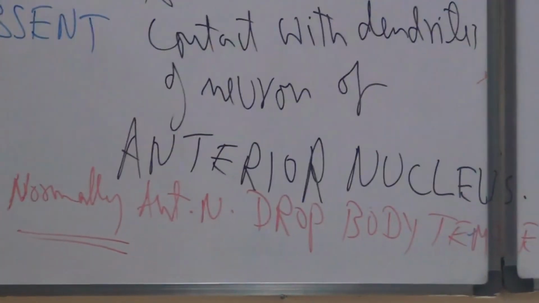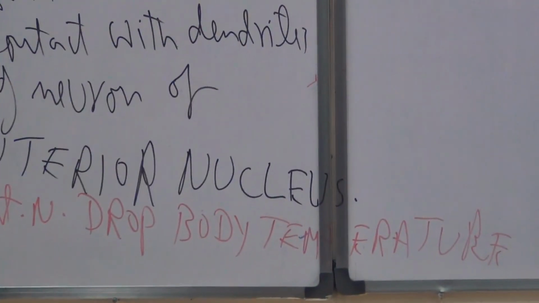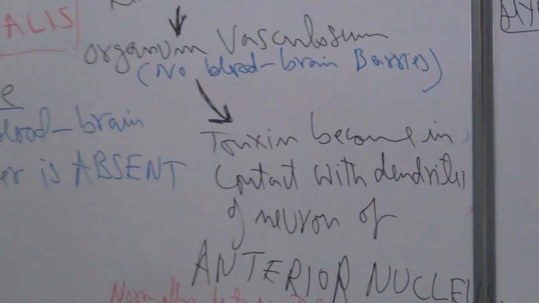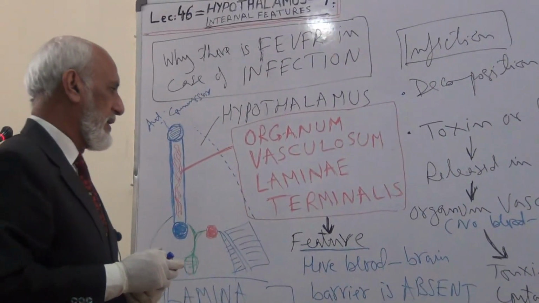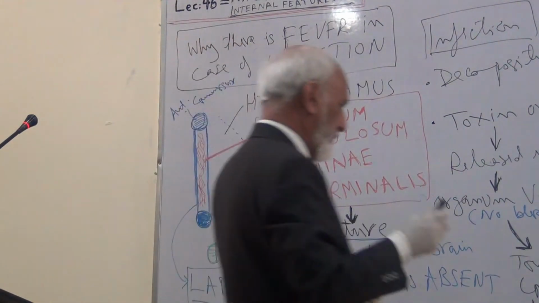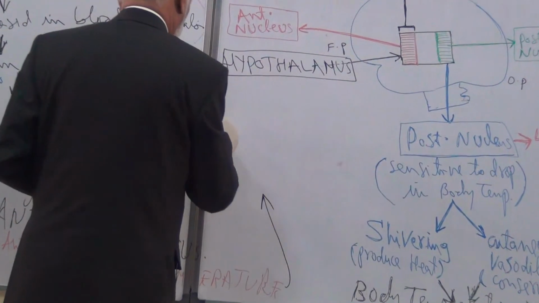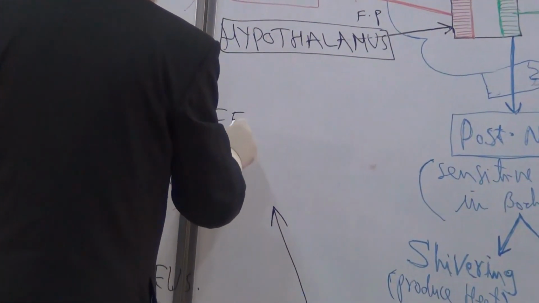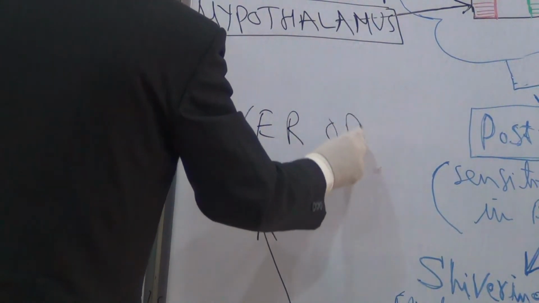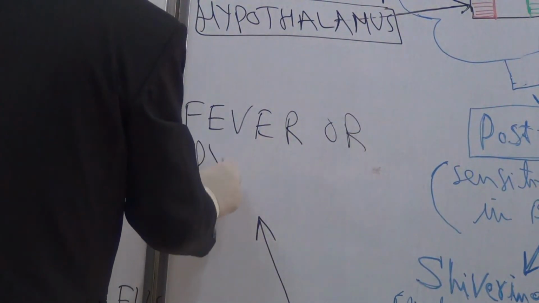Normally the anterior nucleus drops the body temperature. But when these pyrogens become in contact with the dendrites of the neurons of the anterior nucleus, the body temperature will not drop down, therefore it will result in fever, also known as pyrexia.